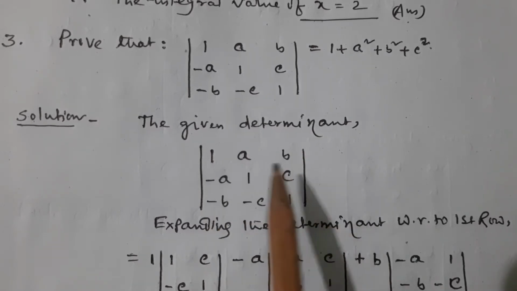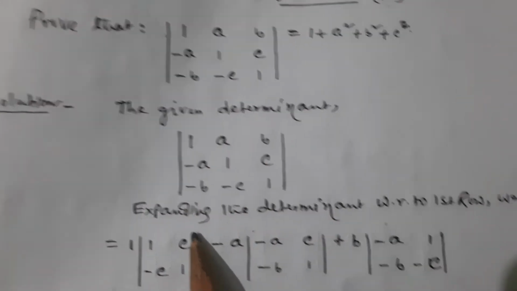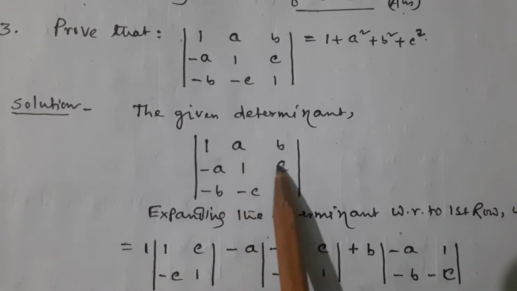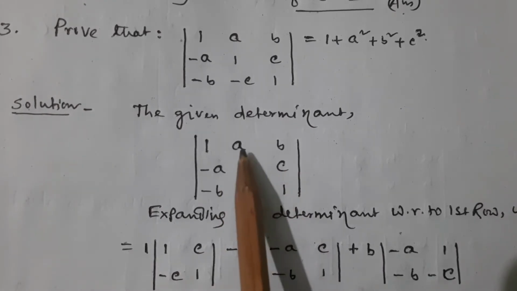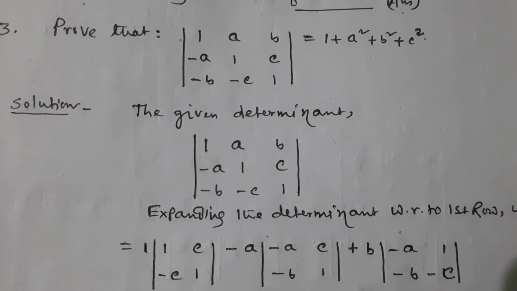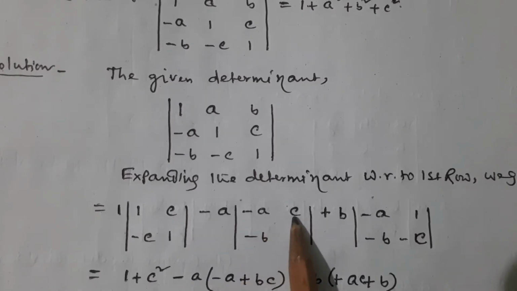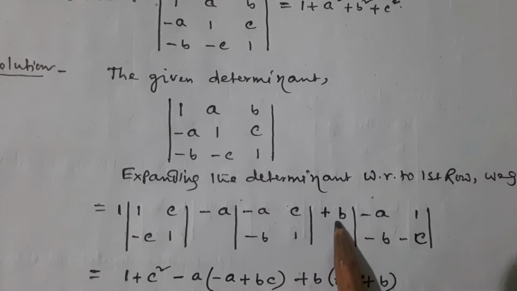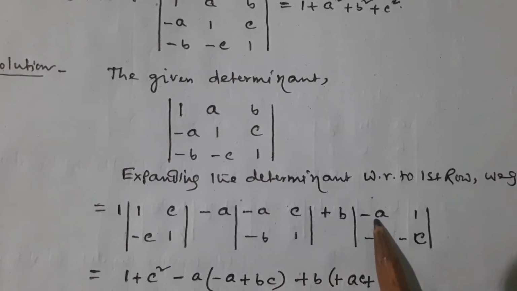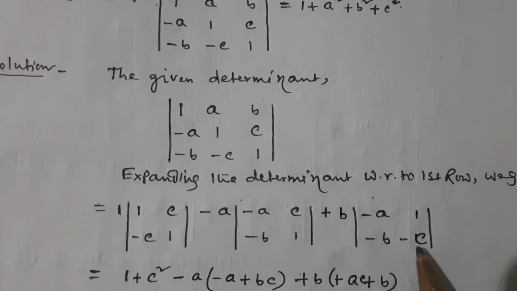So expanding this determinant with respect to the first row, we get 1 into the determinant 1 c, minus c 1, minus a into the determinant of minus a c, minus b 1, plus b into the determinant of minus a 1, minus b minus c.